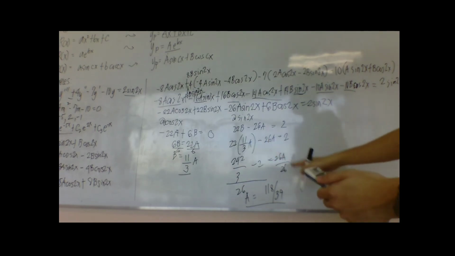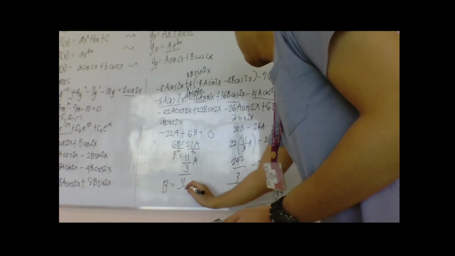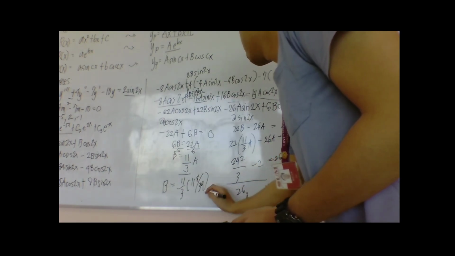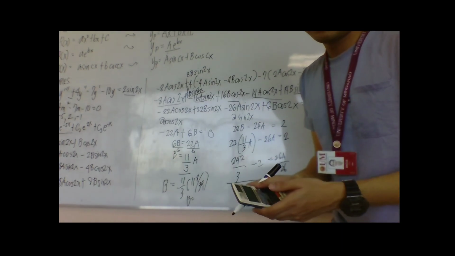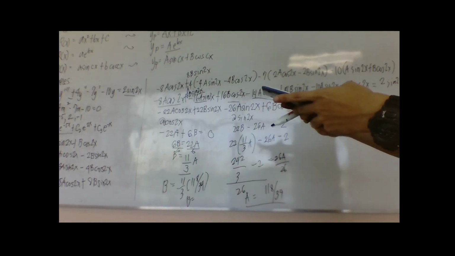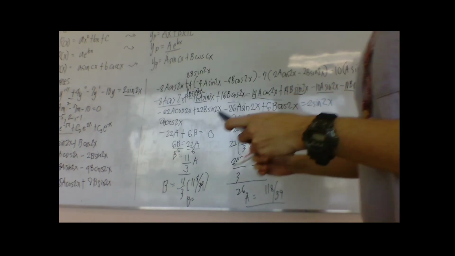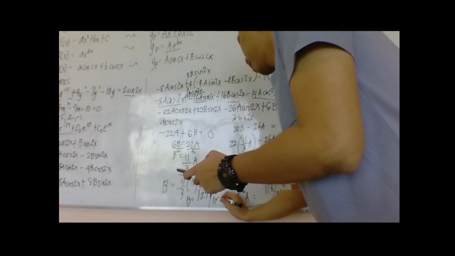Okay. For our b, easily substitute: b is equal to 11 over 3 times 118 over 39. So that is 1,298 over 117.